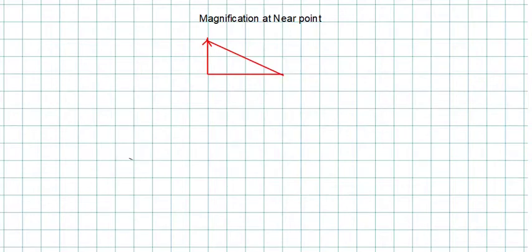We denote this distance of 25 centimeter by a capital letter D. This is AB. When you are looking at the object, this height will subtend a certain angle at your eye. We call this angle alpha.